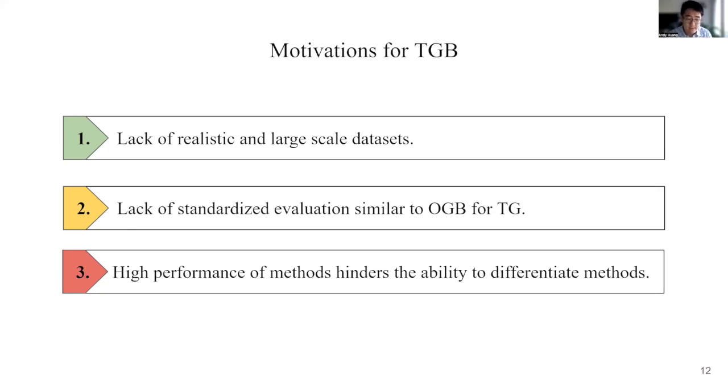And third, the existing high performance of methods on the standard benchmarks really reduces the ability to differentiate the methods and tell how a method improves upon the state of the art.